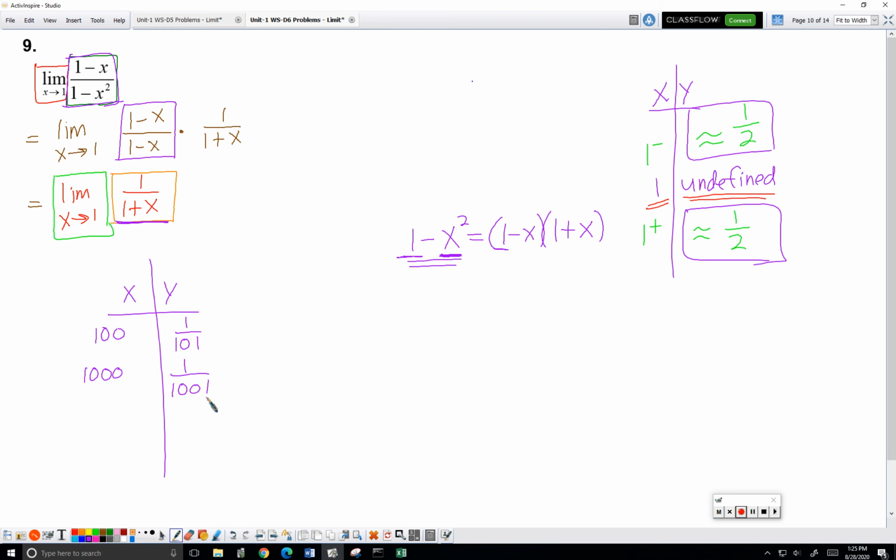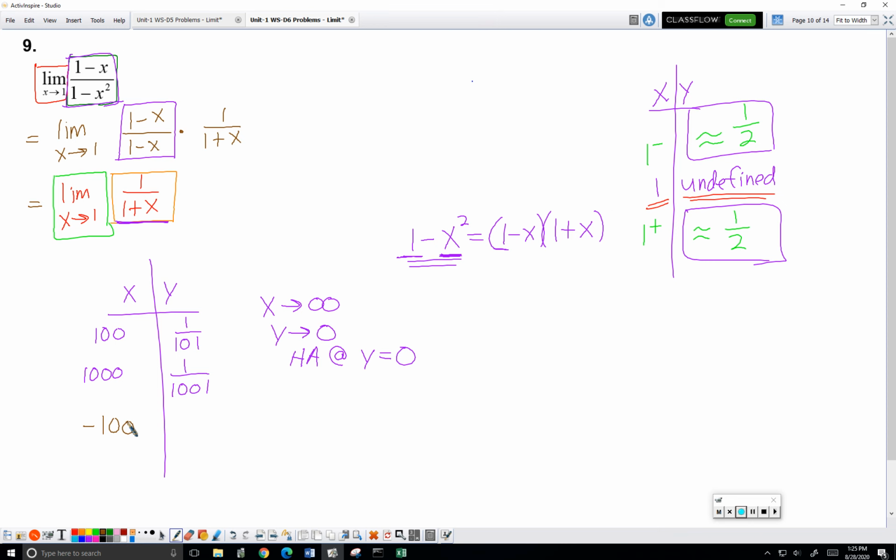So we found a horizontal asymptote. As x approaches infinity, y is approaching 0. Is that both ways? We just check it. So Claire, if x is negative 100, what's y?